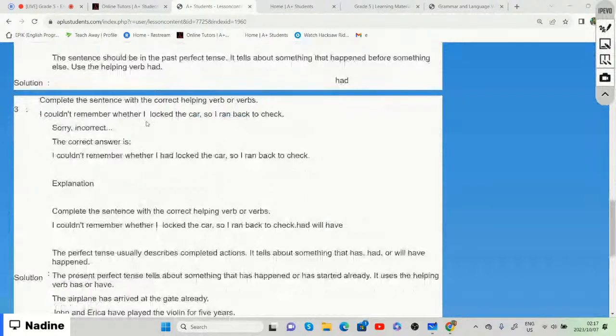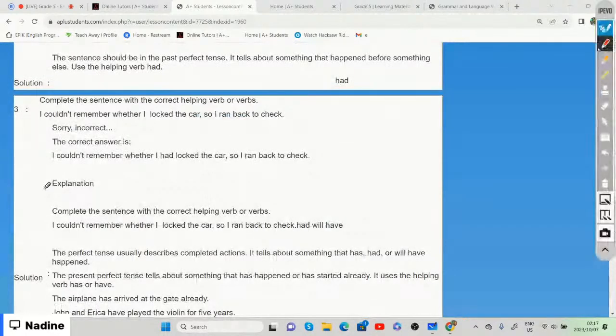I couldn't remember whether I locked the car, so I ran back to check. So I couldn't remember whether I, we need to choose the correct word. Especially since you said I ran back, which means that it is now in the past.